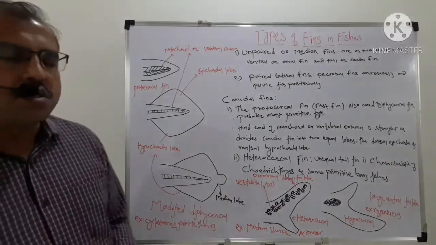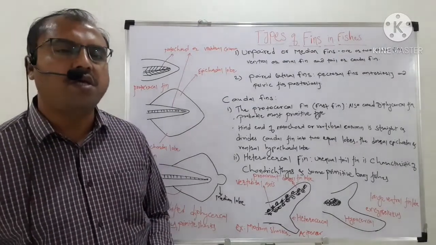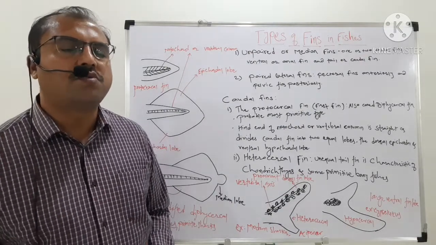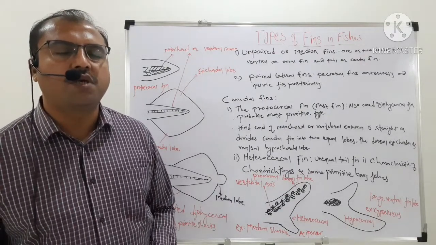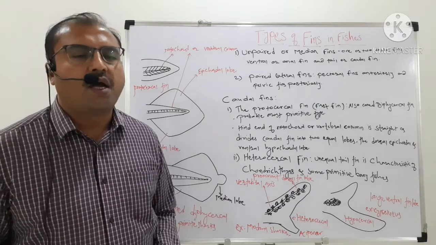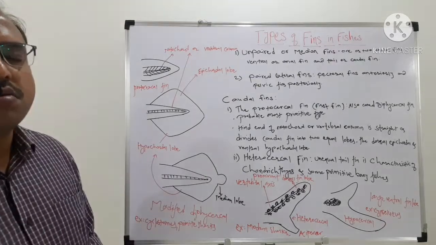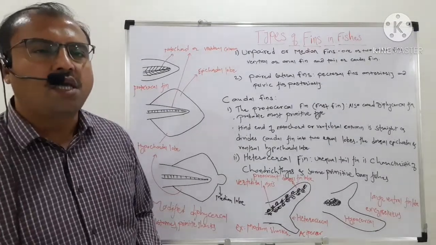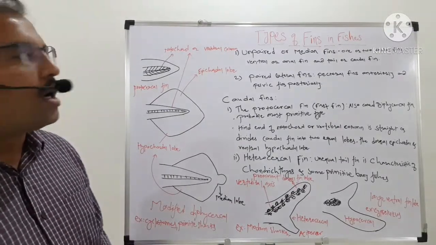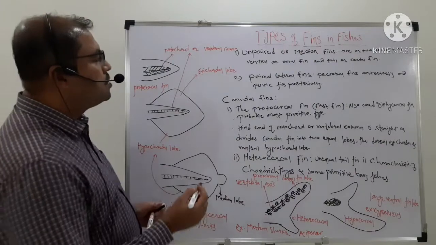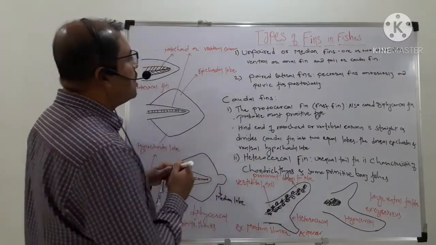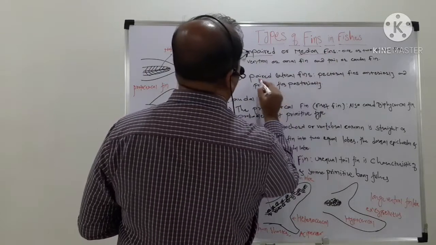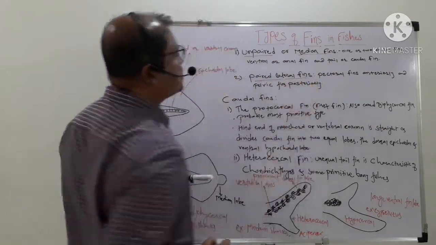As you know, the fins in fishes help them for swimming, and in the course of evolution these fins have been modified. If we consider all the groups of Pisces, the fins are divided into two main types: unpaired or median fins and paired lateral fins.